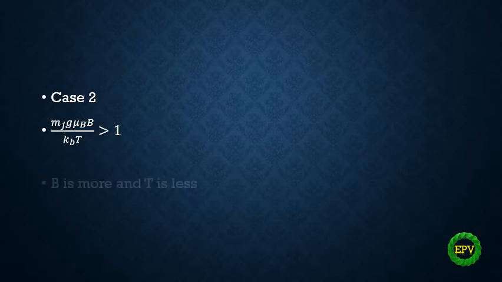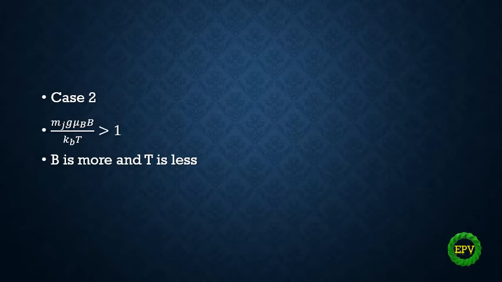Now we are going to the second case, that is, g mu B B by kT is greater than 1. In this case B is more and T is less, that is, the temperature is very low and the magnetic field is high. In this situation we take some approximation.